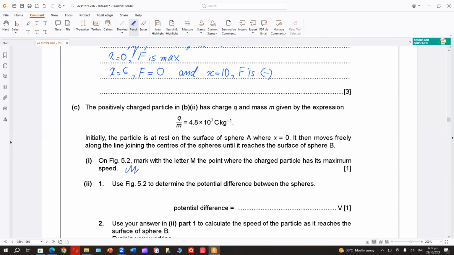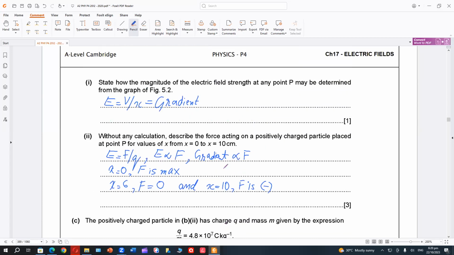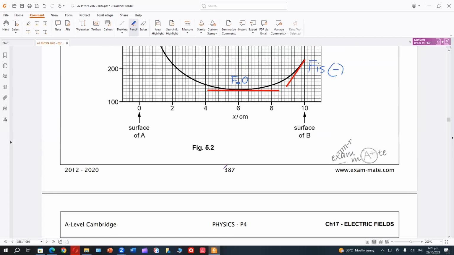When speed is maximum, it means acceleration is equal to 0, which means resultant force should also be 0. So that is why we can take position 6. 6 is a suitable position because the force is 0.